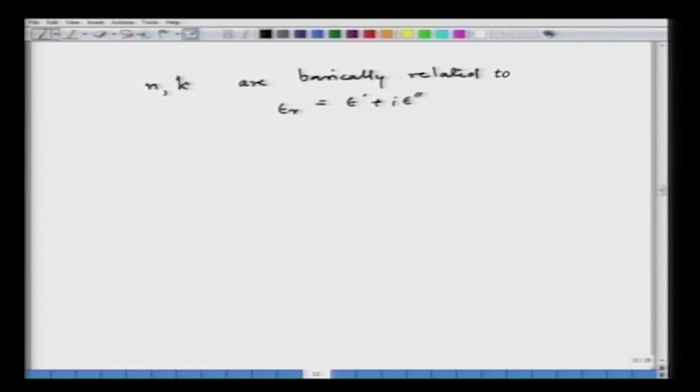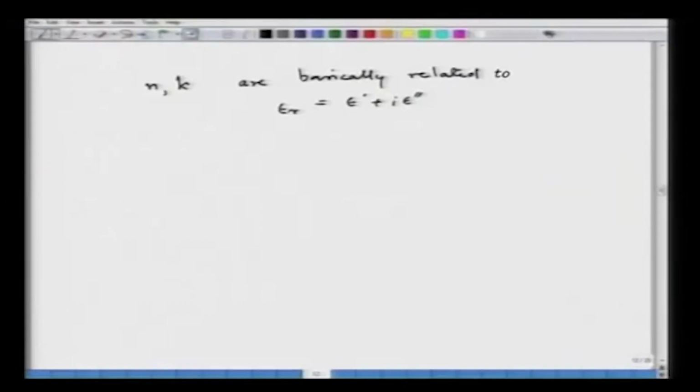So, both n and k are related to the basic property of the medium, which is epsilon prime plus i epsilon double prime.